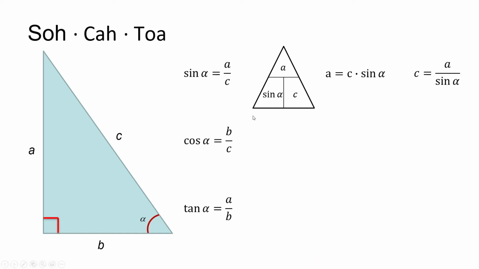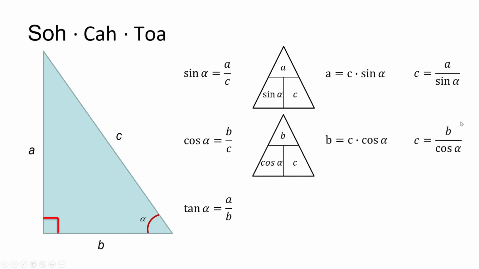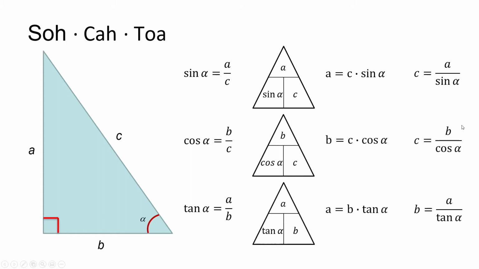So, first of all, sine alpha is A over C, so that's this formula here. Then A equals C times sine alpha, okay, that's this formula. And finally, C equals A over sine alpha, and this is this formula. Here are the corresponding formulas for cosine and tangent.